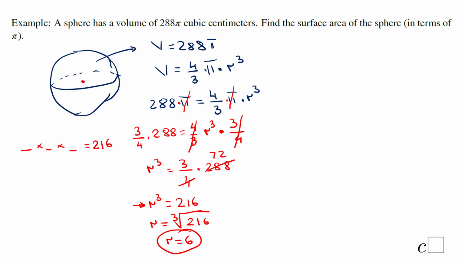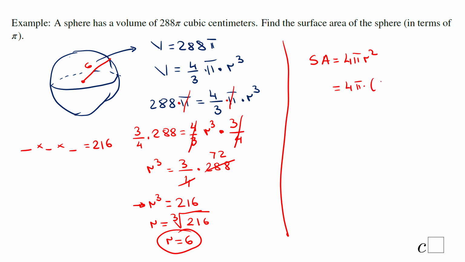So now we can find the surface area, and this is 4 pi r square, and that will be 4 pi times 6 square, and this is going to be 4 pi times 36, and that will be 144 pi.